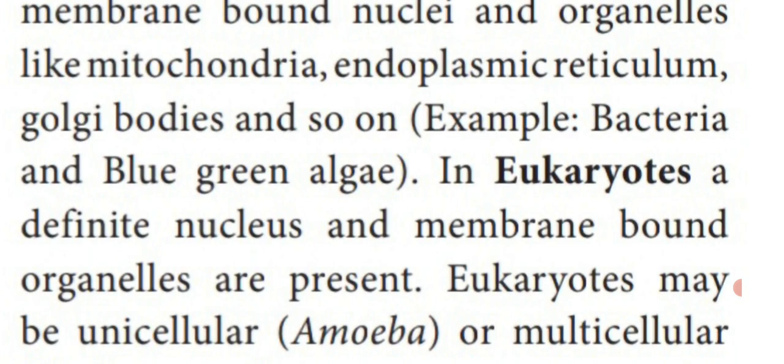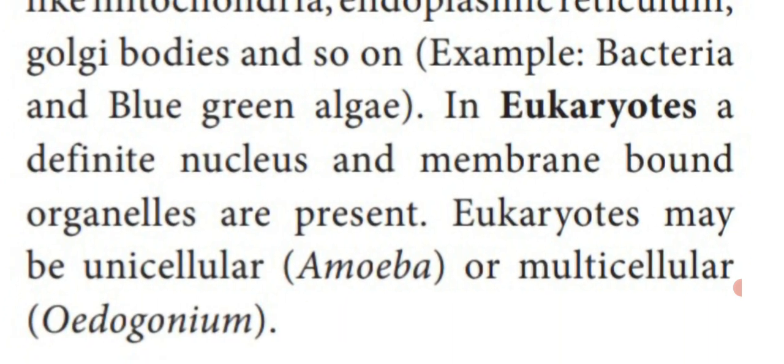When you come to the advanced cell, that is the eukaryotic cell, it has a proper nucleus at the center, that is said to be a definite nucleus, bounded by a double-walled membrane. Cell organelles such as mitochondria, endoplasmic reticulum, Golgi bodies, ribosome, all the cell organelles are present inside the eukaryotic cell.